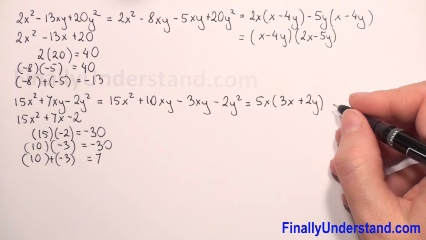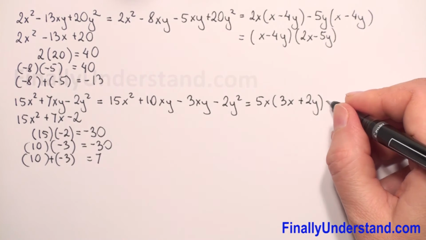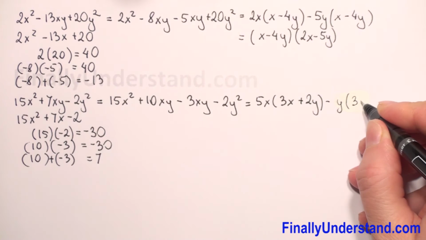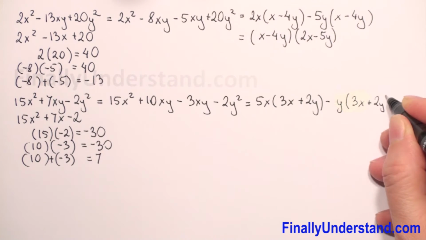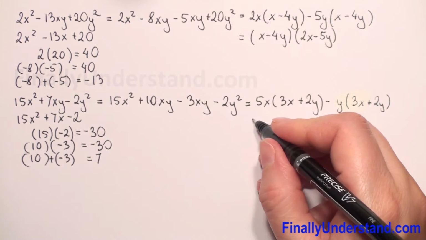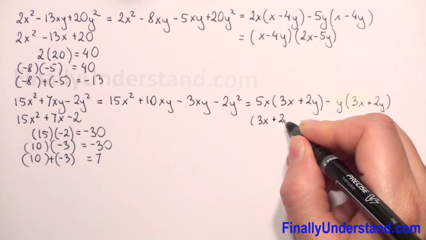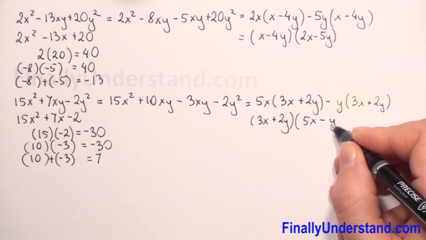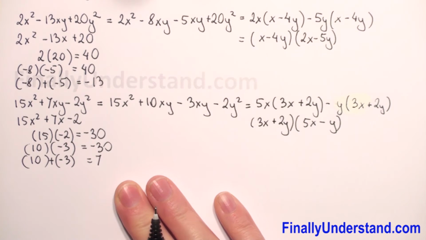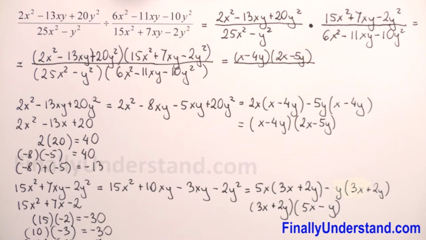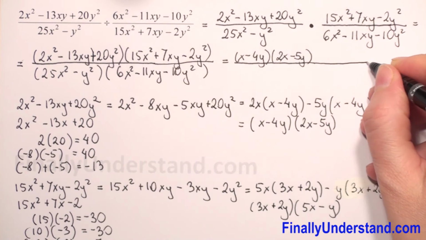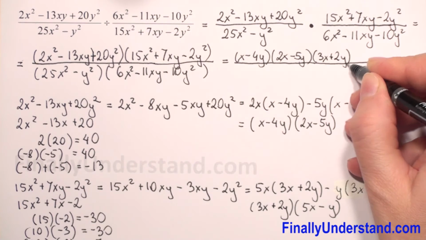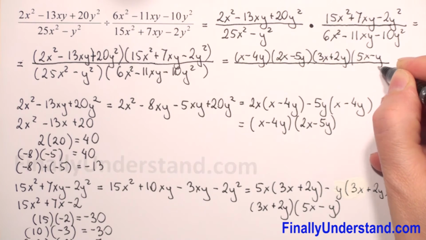And from the last two expressions, we will factorize negative y. So in parentheses we will have 3x plus 2y. Now we see that we can factorize 3x plus 2y, and in the second parenthesis we will have 5x minus y. So next we can rewrite the expression as 3x plus 2y times 5x minus y.